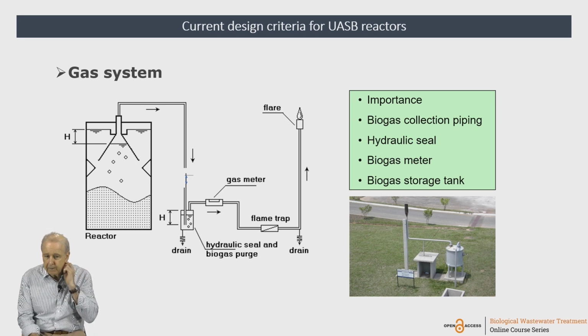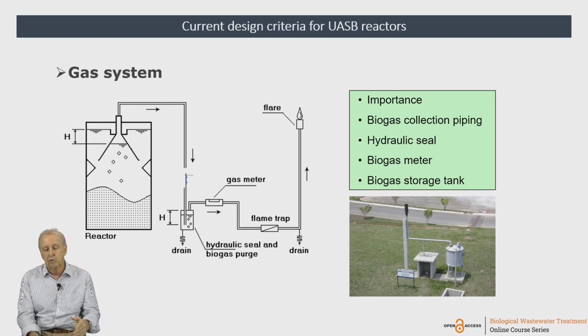There are very important aspects here that are well described in chapter 4 of the book, but I would like to call attention to some aspects. For instance, drains. The humidity of the biogas can condensate and accumulate in the lower part of the pipes.